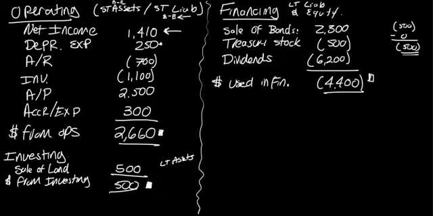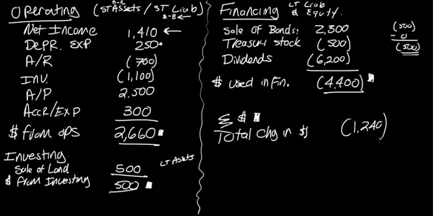So if I add up the sum of all my cash from the boxes, the 2,660, the 500, and the negative 4,400, my total change in cash is a negative 1,240.